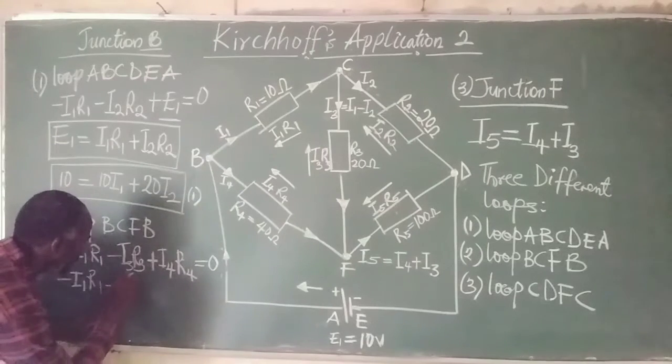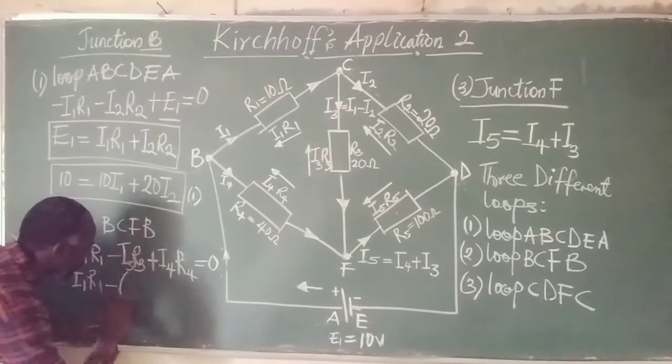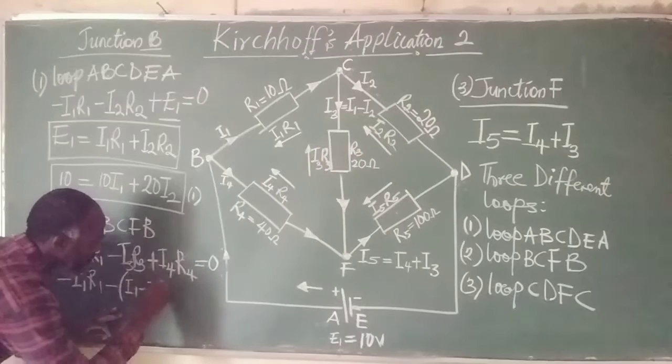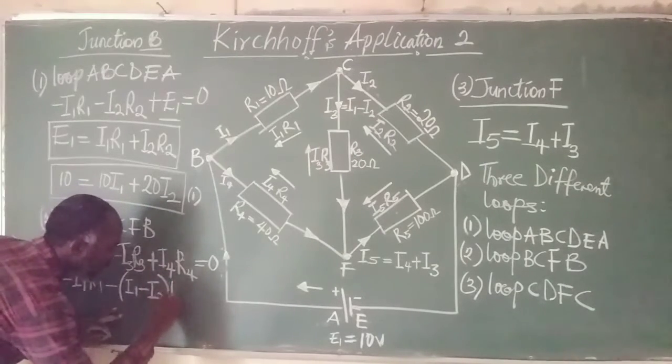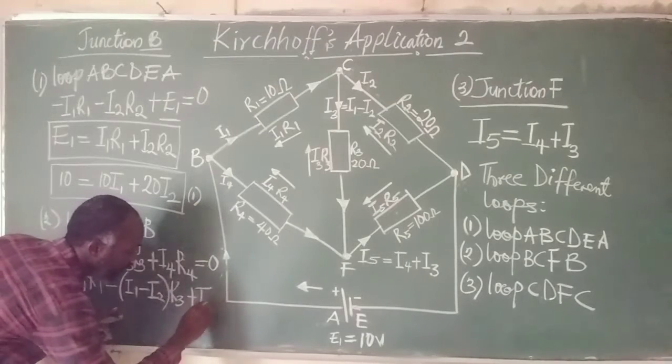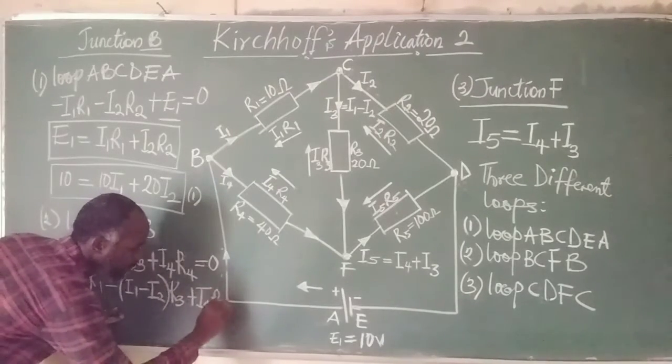So in place of I3, we are going to write I1 minus I2, parentheses close, and we have R3 plus I4, and then R4.